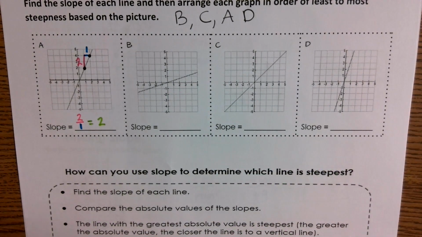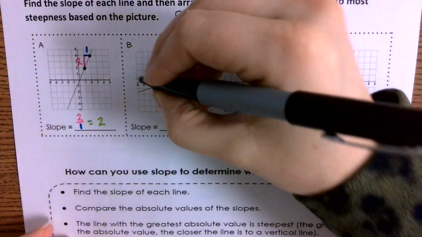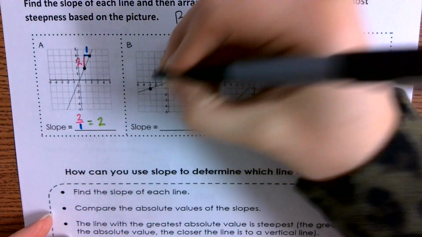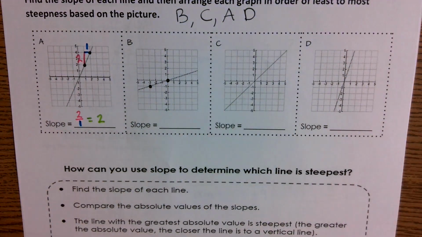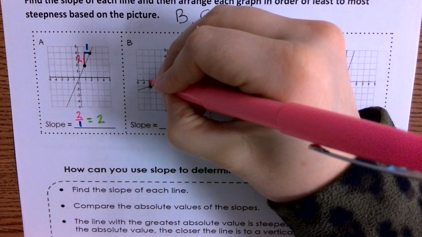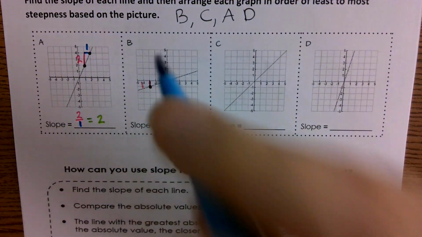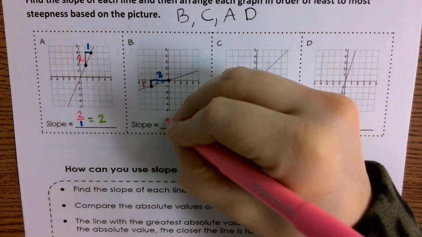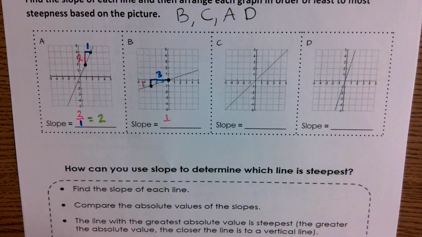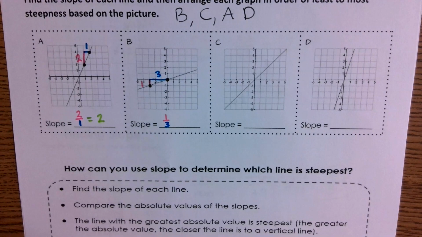Let's take a look at graph B. Graph B, I have a point right here and right here at the origin as well. Okay, so in this case, my rise is 1 and my run is 3. So I get a rise of 1 over 3, which is just 1/3.